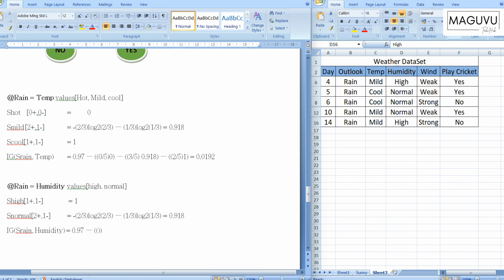High is 2 divided by the total number there, which was 5, multiplied by 1, and we consider the next value, which is normal, and we have a total of 3 divided by 5 multiplied by this entropy of 0.9. This should give us a value of 0.0192.